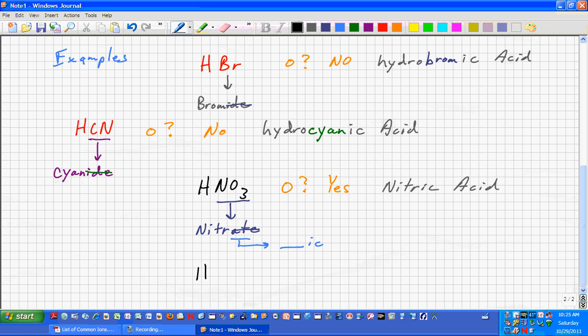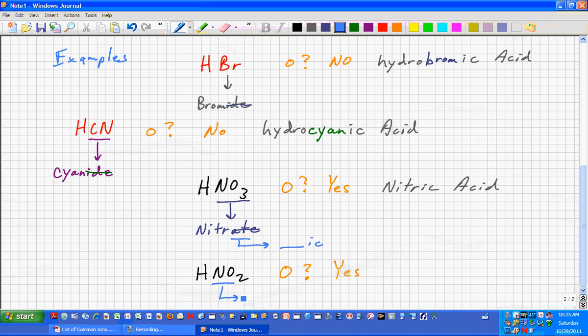Kind of the complement to this, HNO2. Again, I go through, I ask myself, oh yeah, there's oxygen in there, yes. So again, I have to look at this anion here.